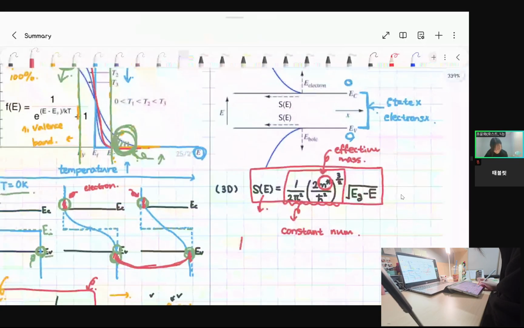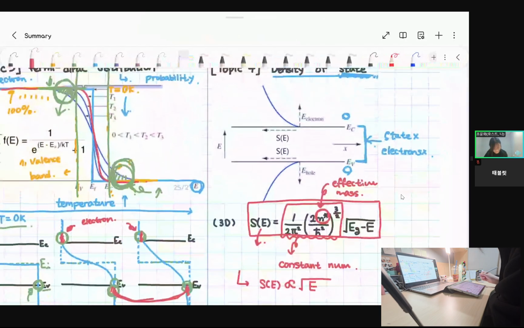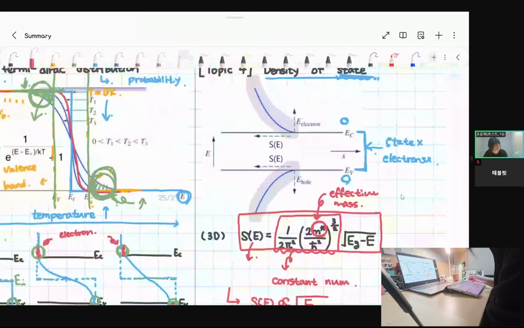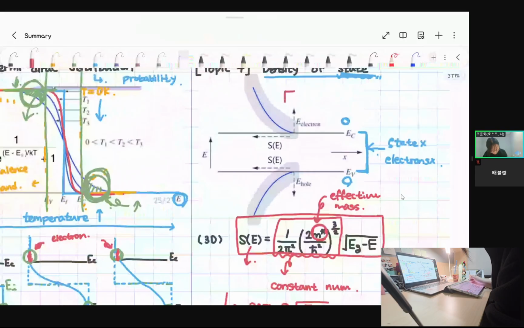So that means the state is related to the square root of energy. So you can see that this graph is a root function.